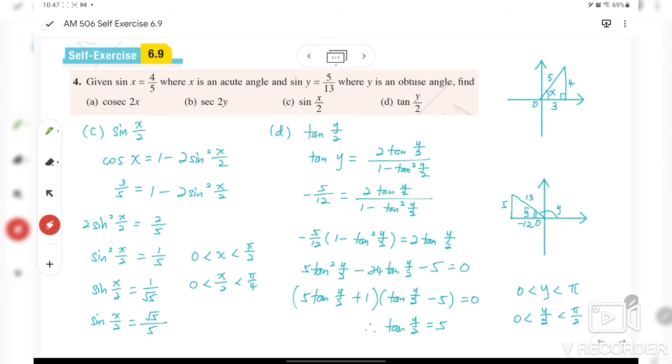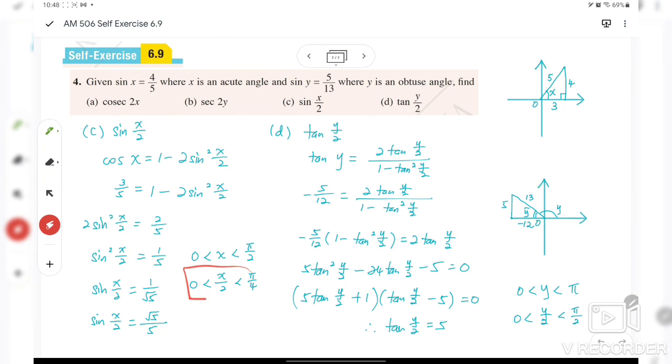If we remove the square here, it will be positive or negative square root of 1 over 5. But check back our domain. The x is an acute angle. What happens to x over 2? If x is an acute angle, which is from 0 to pi over 2, then half of it, x over 2, will range from 0 to pi over 4.